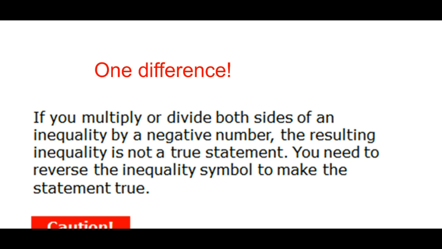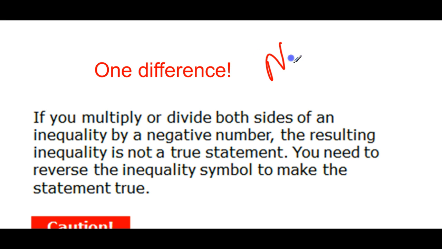Now, there's only one difference. If you multiply or divide both sides of an inequality by a negative number, you have to flip the inequality sign. If you leave it the same, the answer that you get is not true. It will not check. When you go to check it, it will not work.